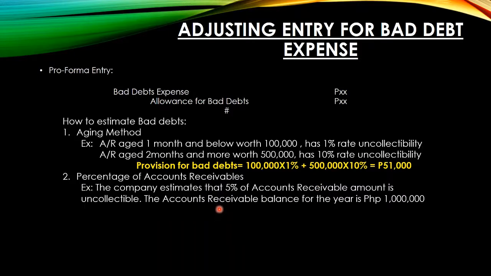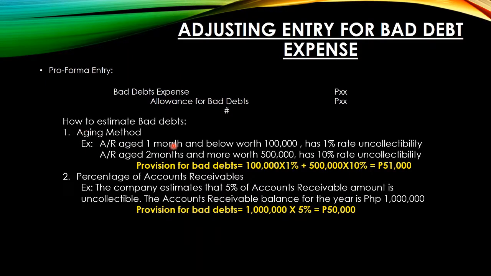So, if ang company na ay balance sa AR 1 million and 5% is uncollectible, so 5% of 1 million is 50,000. So this is already the provision for bad debt. So you record bad debt expense 50,000 and credit allowance for bad debt 50,000. And that's it. So it is much easier kung maghatag ng percentage of accounts receivable kay you will just multiply the percent to the balance of the accounts receivable.